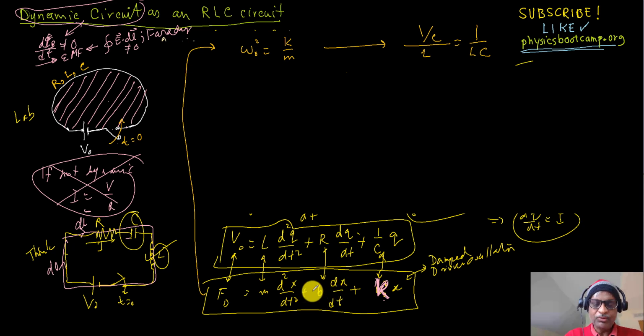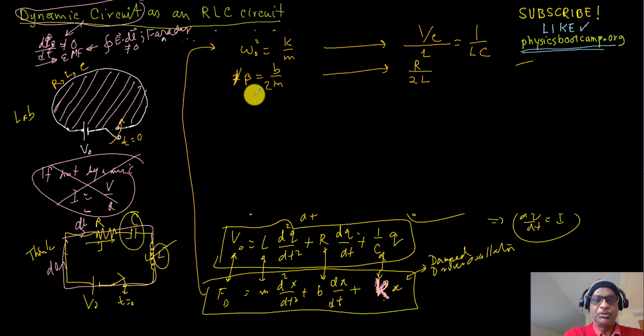And then we have B over M. So we define what is called 2 beta is B over M. So B equals 2 beta M, and beta will be R over 2L. That's what beta will be.